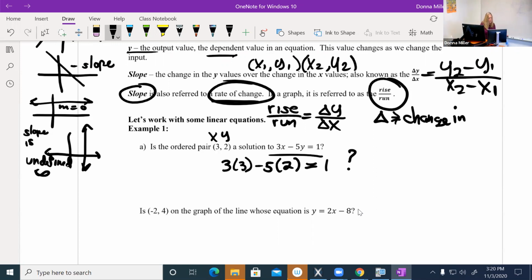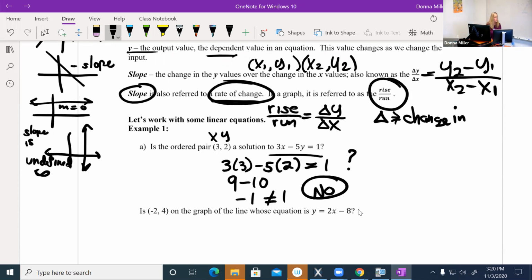If it doesn't equal 1, it's not. So 3 times 3, that's 9, minus 10. I get negative 1. That does not equal 1. Because it doesn't work out, I don't get the right answer. The answer is no, it's not on the line. Okay? If I got something like 1 equals 1, yeah, then it'd be on the line. It'd be a solution.